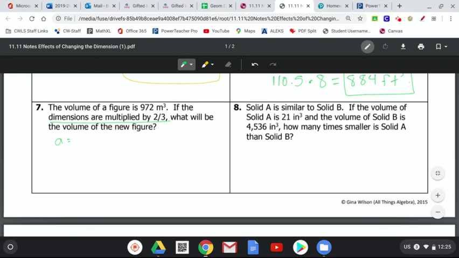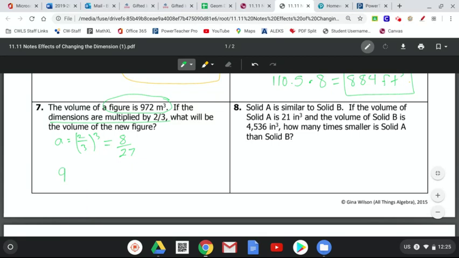So we take that 2/3, that's going to be our A value, our scale factor is 2/3. And we cube it. So basically we're saying 2 cubed over 3 cubed. When we do that, we get 8 over 27. So all we have to do now is multiply that by the volume of the larger figure, which is 972.